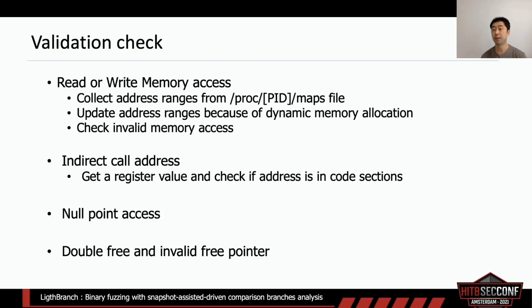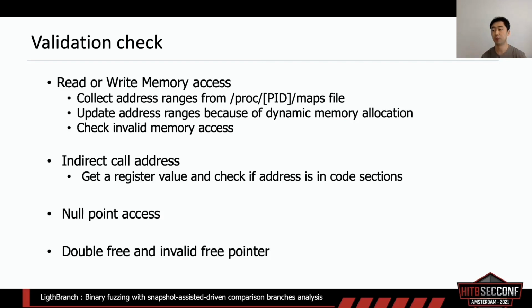We update this information before every check because of dynamic memory allocation. Then, validation of indirect call address. Basically, an indirect call takes the address from memory or a register. So we check if it's in our code sections.